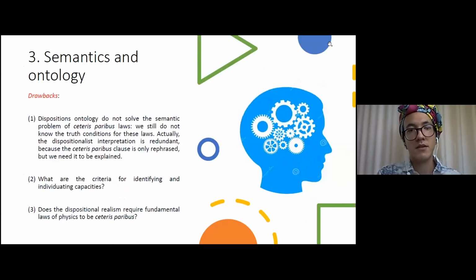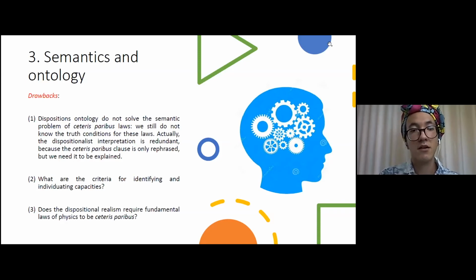Of course, the ontology of dispositional realism faces a lot of drawbacks, a lot of problems that are not solved easily. The three main ones are the following. First of all, dispositional ontology does not solve the semantic problem of ceteris paribus laws.